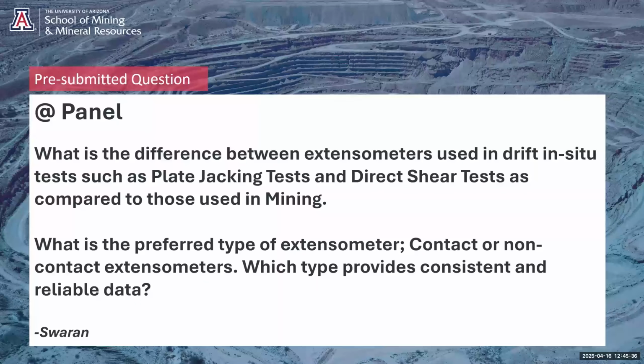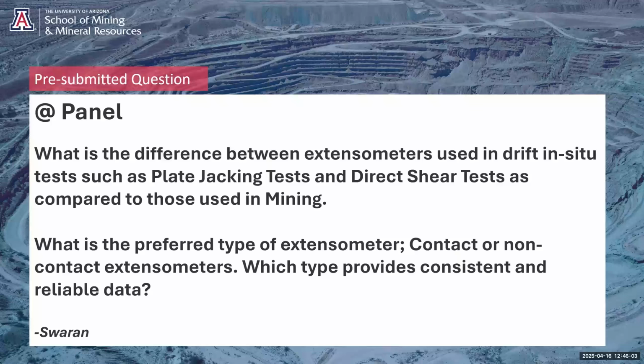And direct shear tests. Yeah, they're more displacement transducers that are mounted on the testing device, and that measure a displacement that's taking place in the testing device. In the direct shear test, it's just measuring how many millimeters of shear movement is happening at the same time that you're applying a shear force.